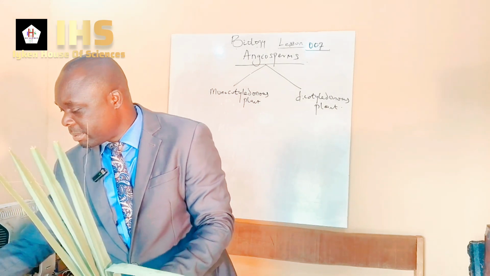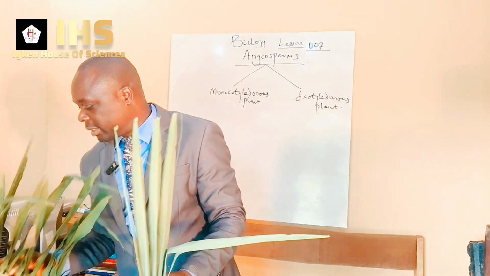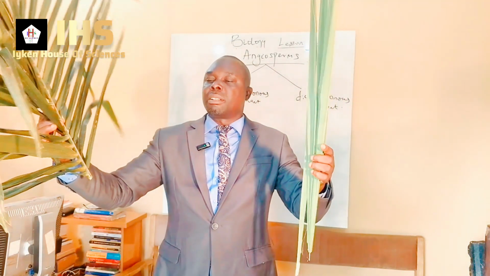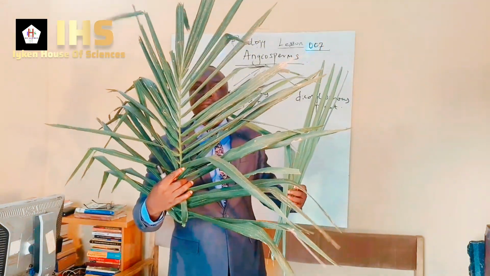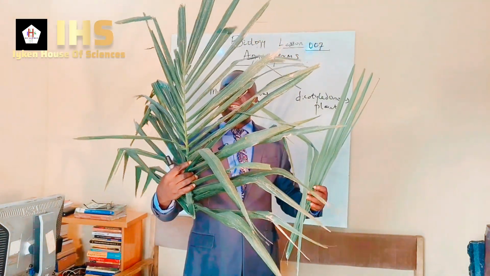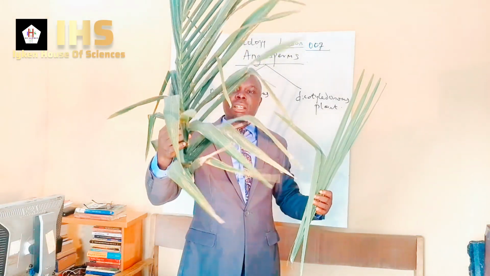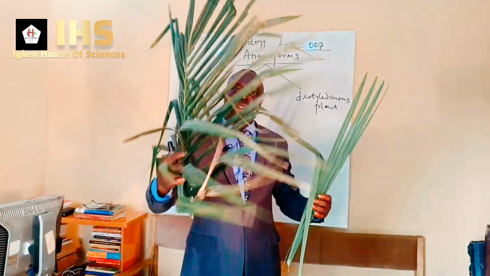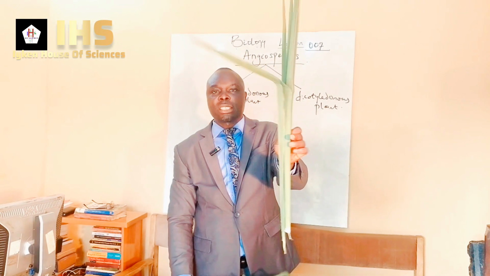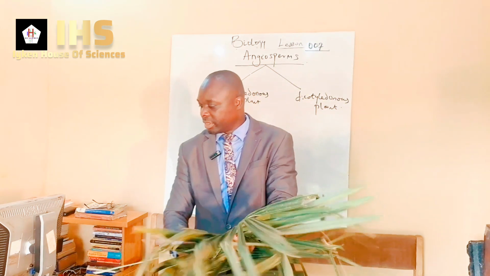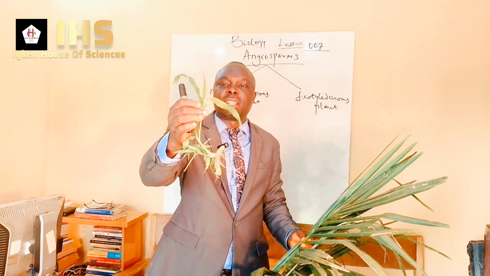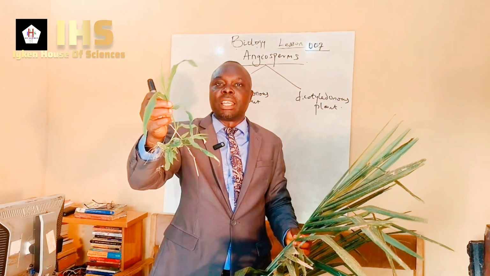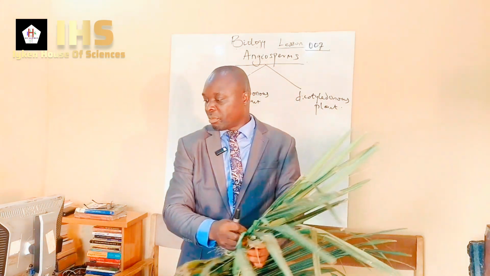These types of plants, this one is from the palm tree. This one is called the monocots. Likewise, the grasses, they are among the monocots.